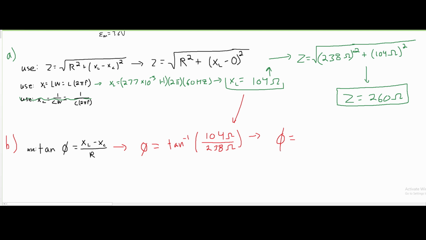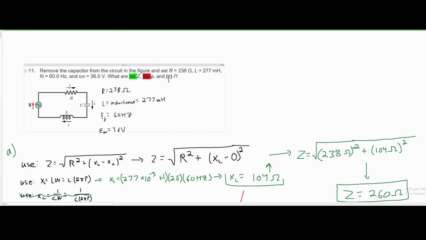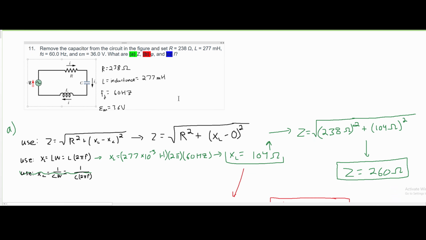That's how we find phase shift. And we're going to do arctangent of 104 divided by 238, and that is going to leave us with a phase shift of approximately 24 degrees.